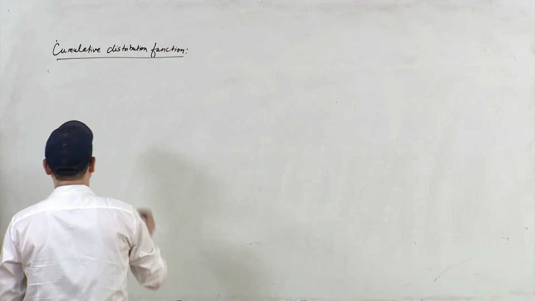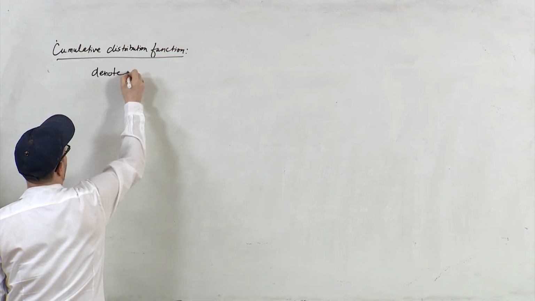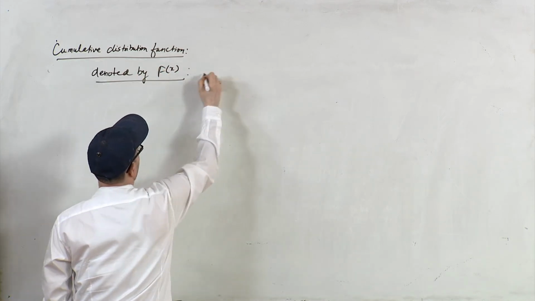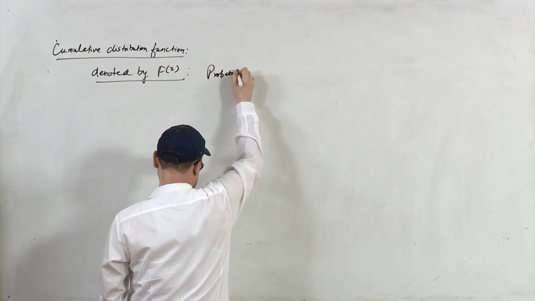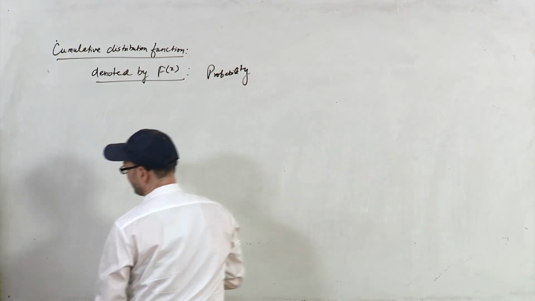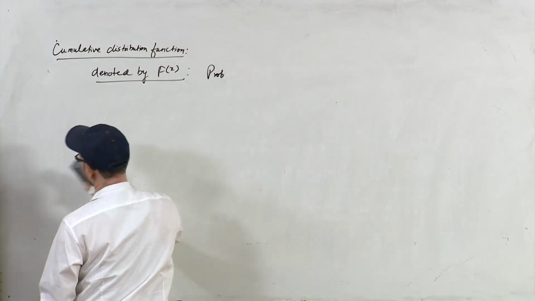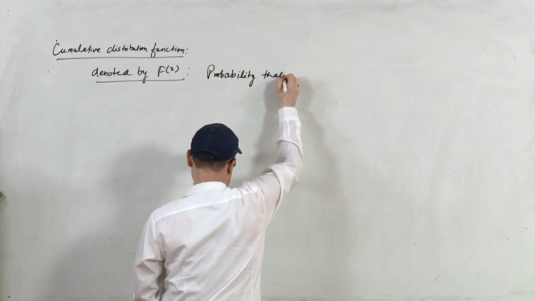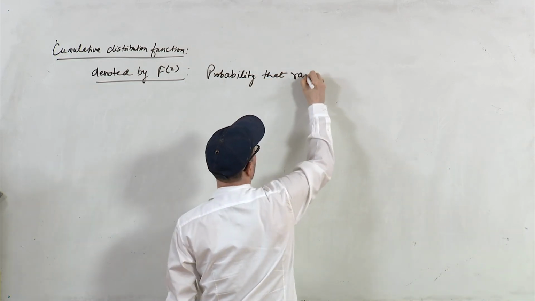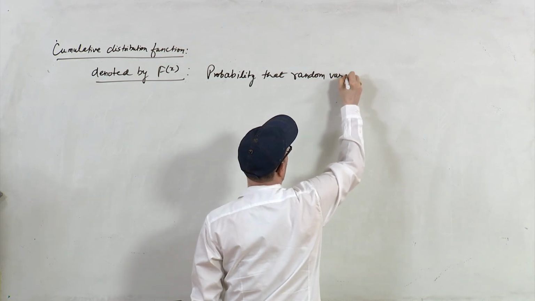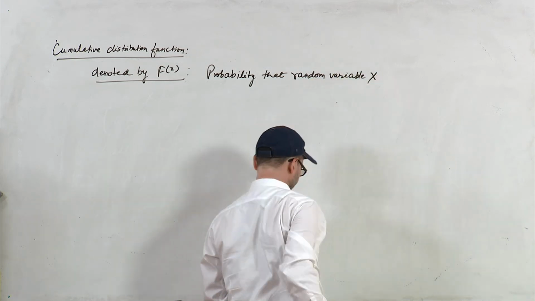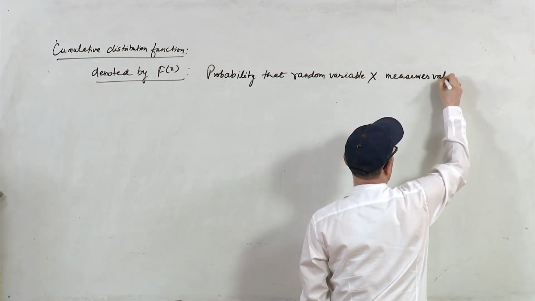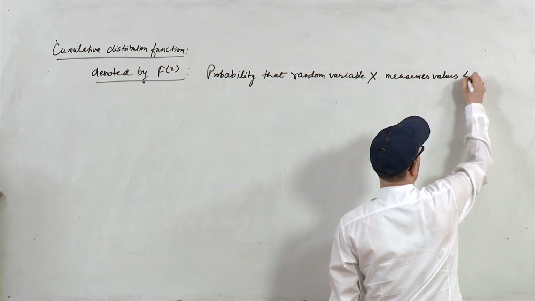It is denoted by capital F(x), and it is the probability that the random variable X takes values less than or equal to x.